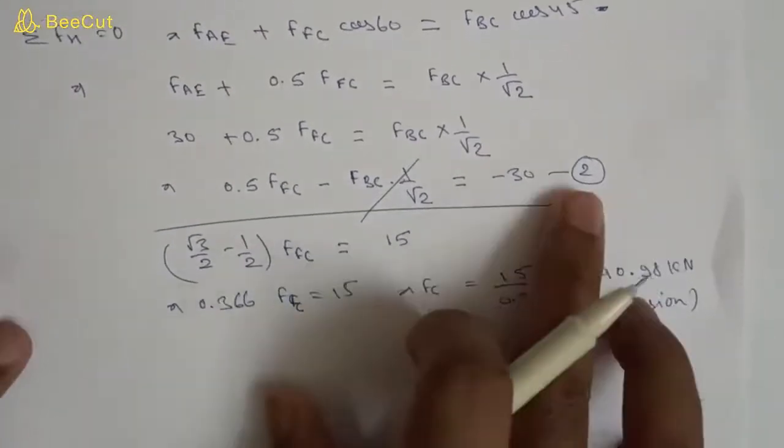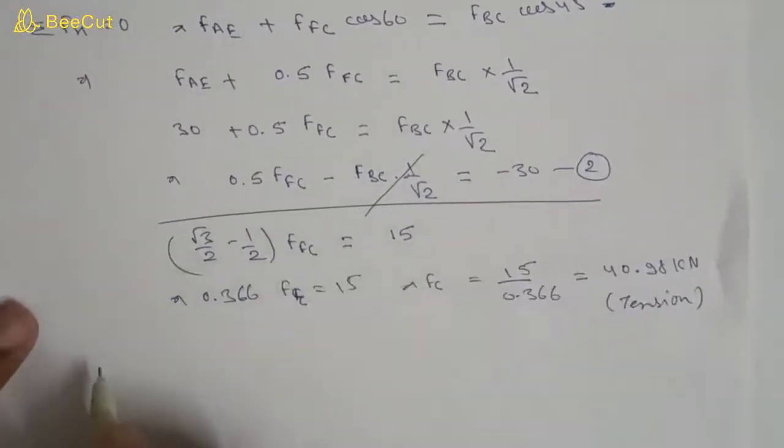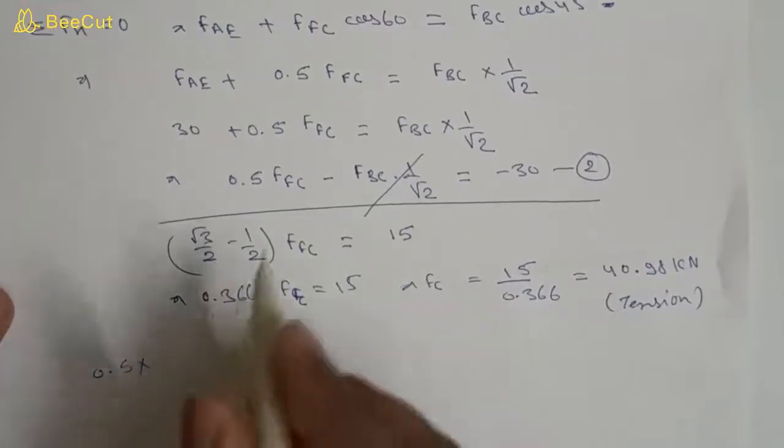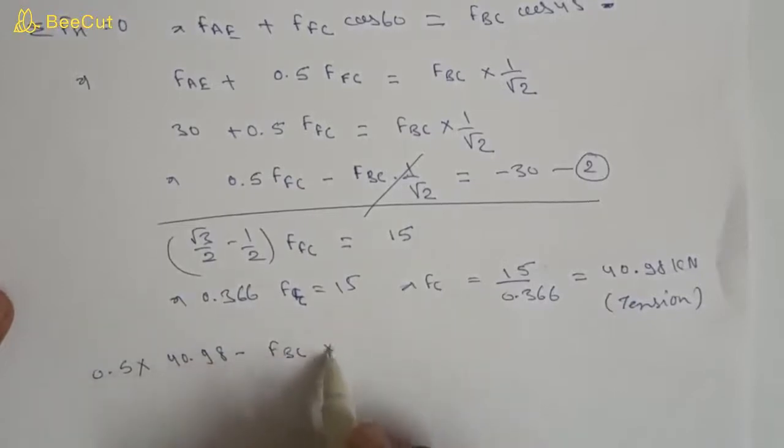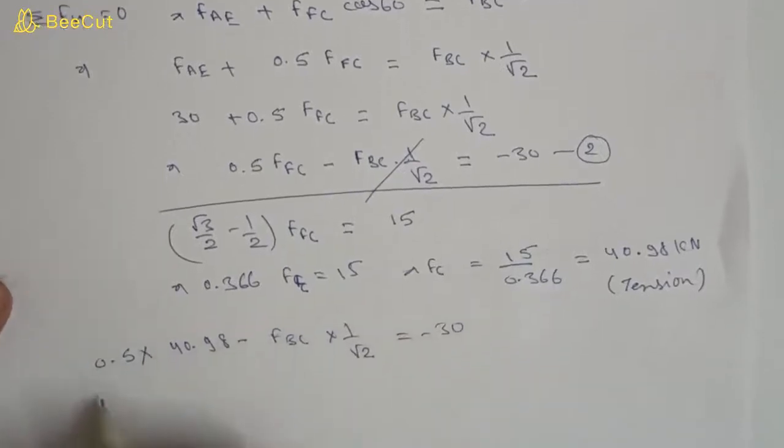Suppose we put the value in equation 2, so we will write 0.5 into FFC, which is 40.98, minus FBC into 1 by root 2 is equal to minus 30.